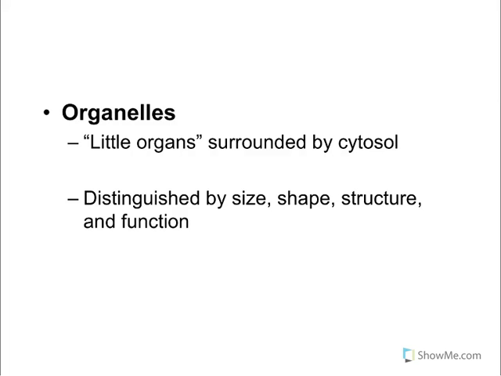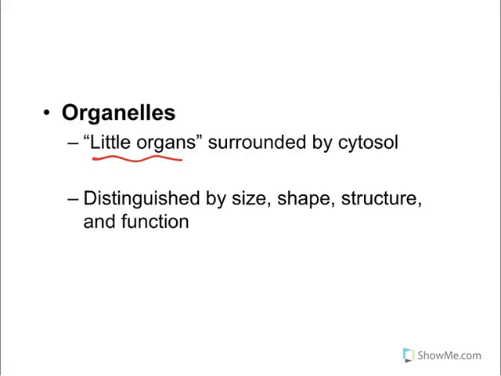Well, organelles means little organs. Like I said, this is like the gears in the robot that make the robot go. In your body, your organs are what make you go. In the cell, you've got the organelles that make the cell go. So all of these little pieces come together to make the cell move.